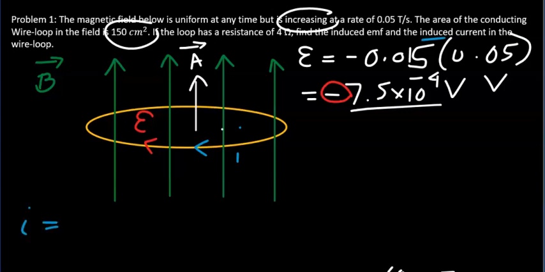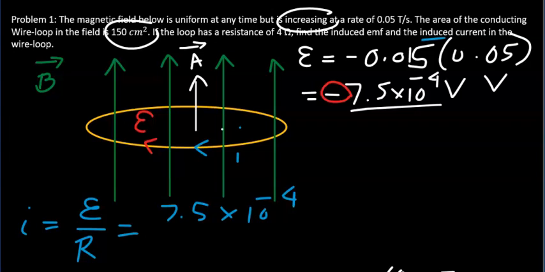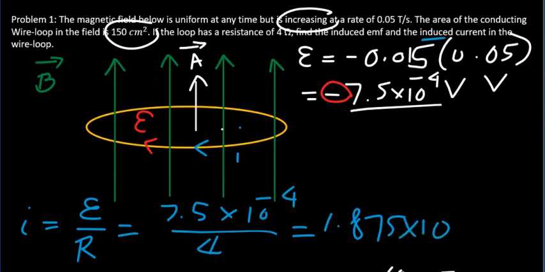From Ohm's law, it is given by the EMF over the resistance of that circuit. The magnitude of the EMF is 7.5 times 10 to the power minus 4 volts. The resistance is 4 ohms, and that gives you 1.875 times 10 to the power minus 4 ampere. And that solves the problem.